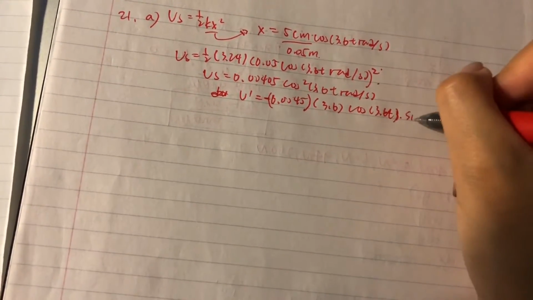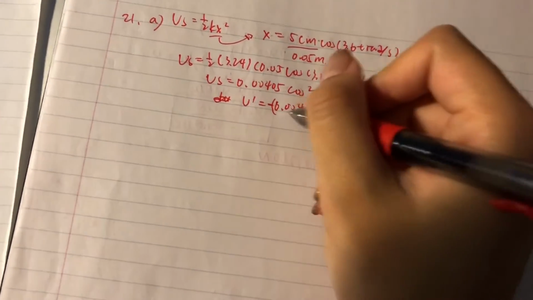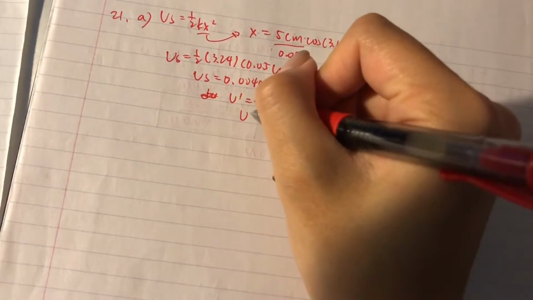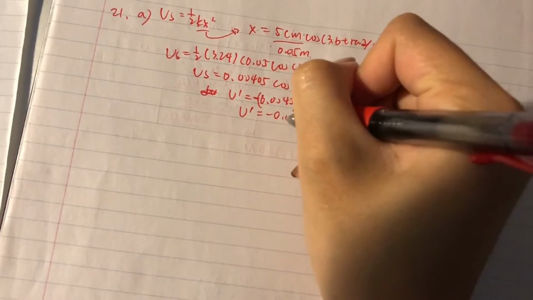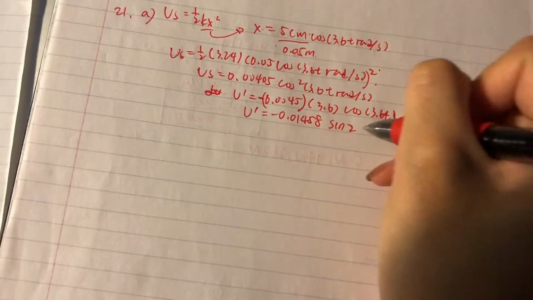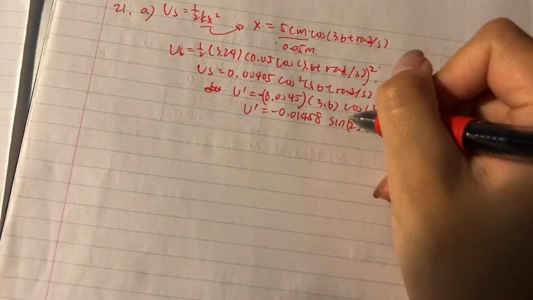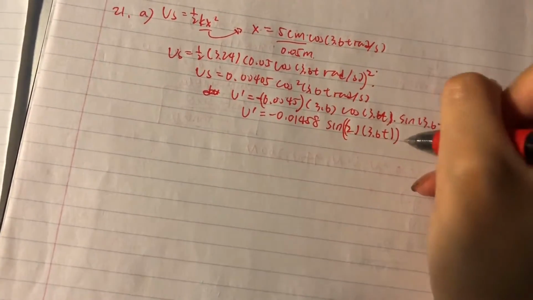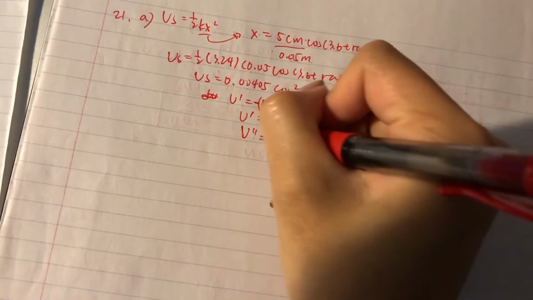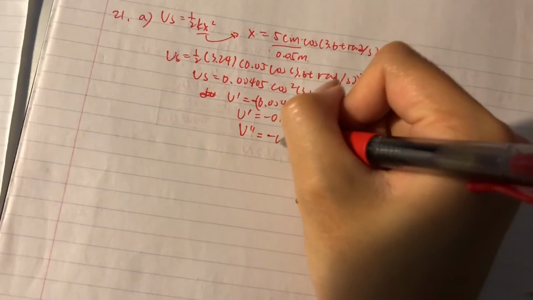To simplify this, we find that the derivative of potential energy is equal to negative 0.01458 sine of 2 times 3.6t, because cosine 3.6t times sine 3.6t is equal to one half sine of 2 times 3.6t.